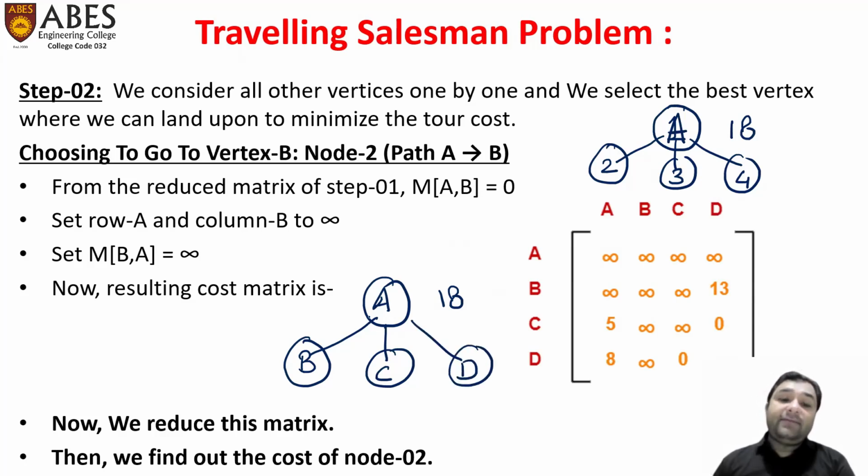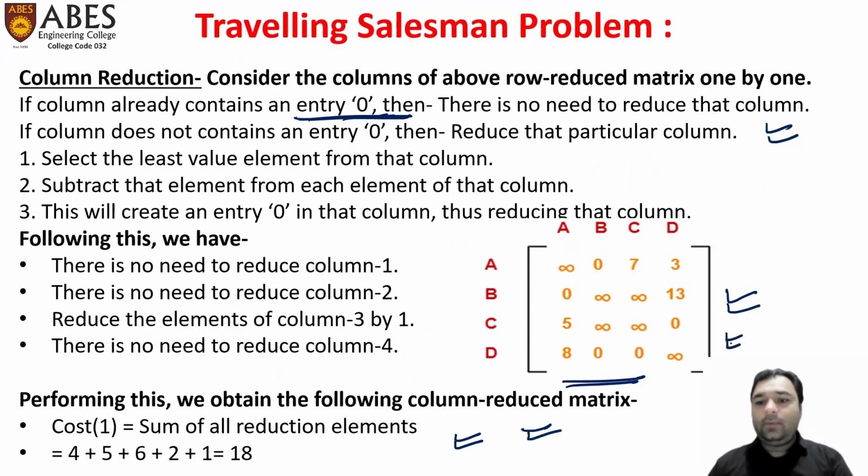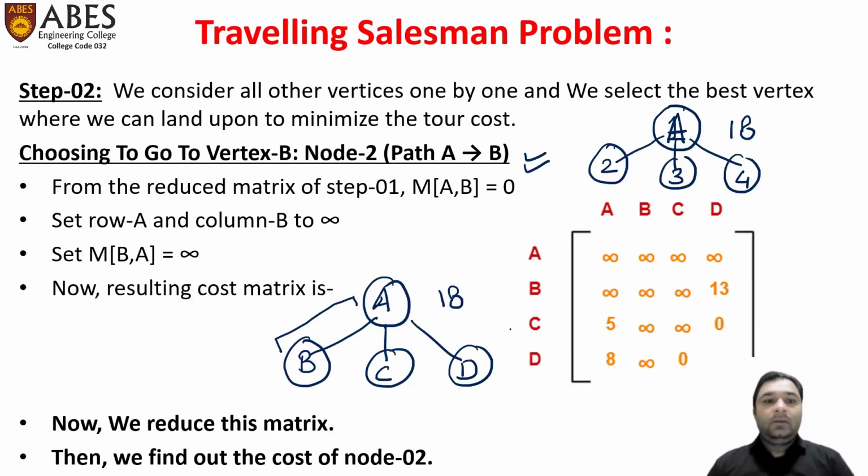Now in DFS, what we were doing is we keep on exploring this way. But in BFS, we keep on exploring like this. So first we will see a path from A to B. During this journey, we were given a matrix, that is this A matrix, and we keep on doing the work on this. The first step is row A as infinity and column B as infinity.